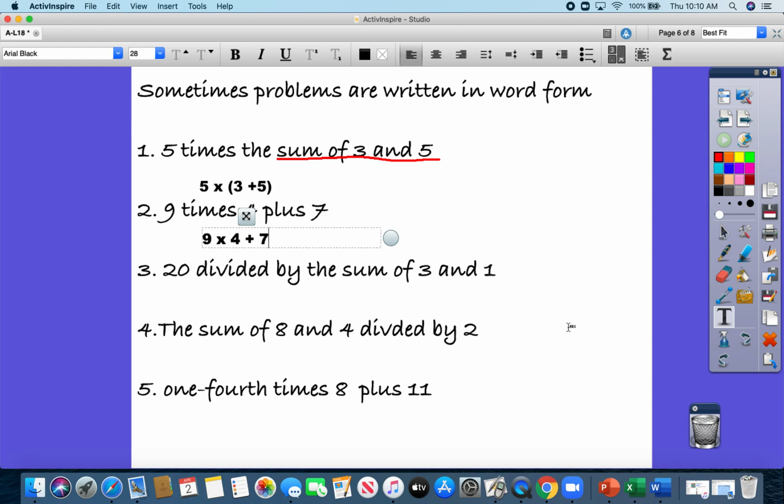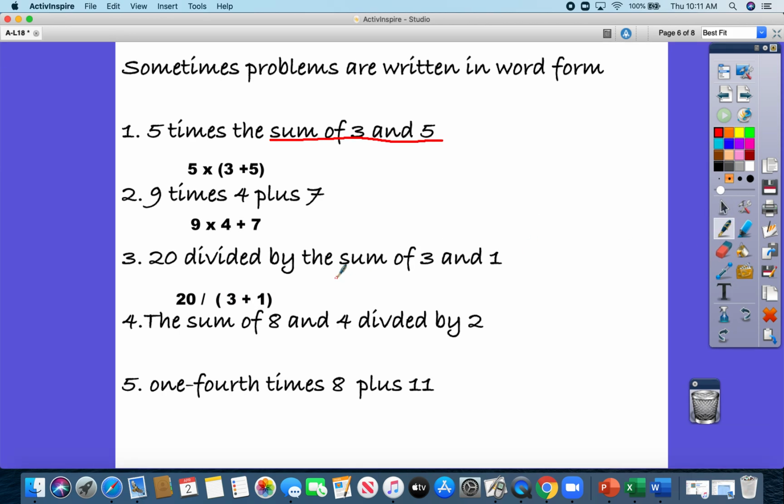Nothing needing to be done with that one. Okay? Now, for this one, 20 divided by the sum of 3 and 1. Again, the sum is an answer clue word.